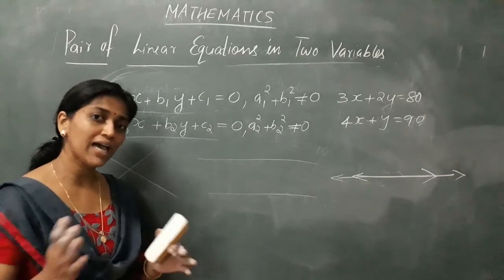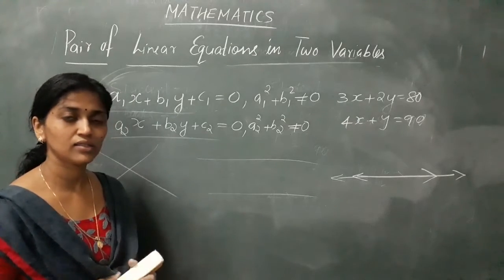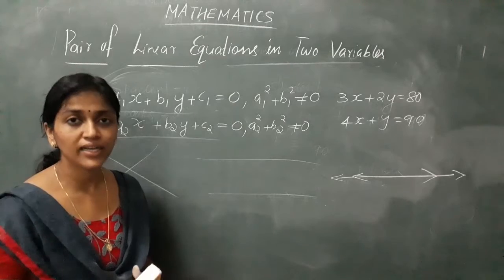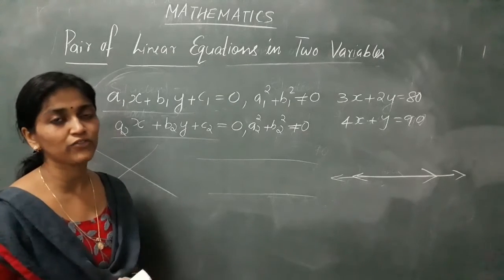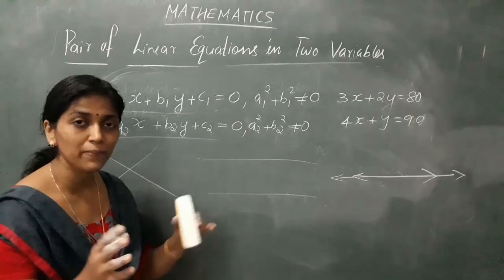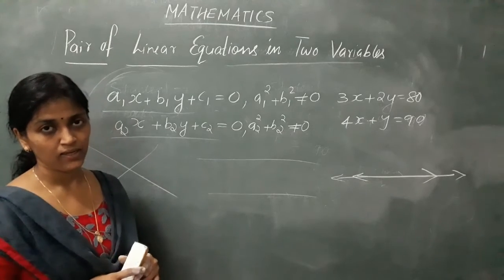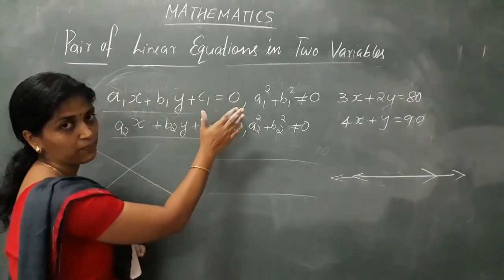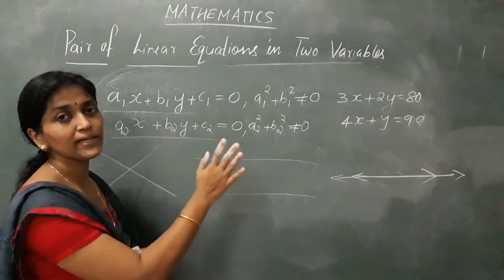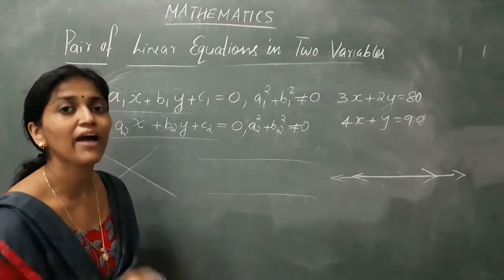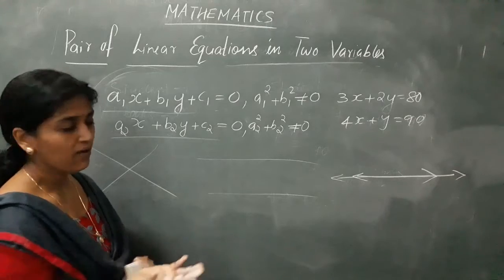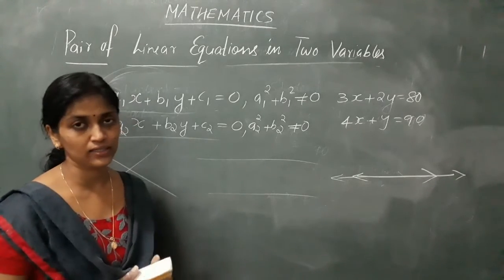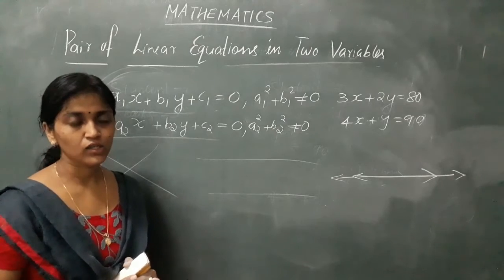In the first part of this chapter, we study the algebraic method of representing and the geometrical method of representing. Algebraic method means writing the equation in this form, and geometrical method means we have to draw its graph and see whether the lines are intersecting, parallel, or coincident. Clear?